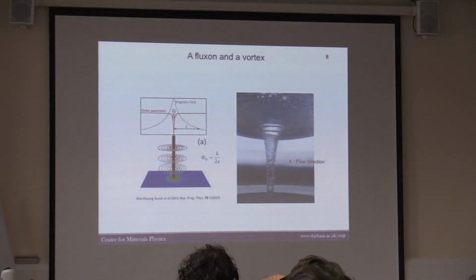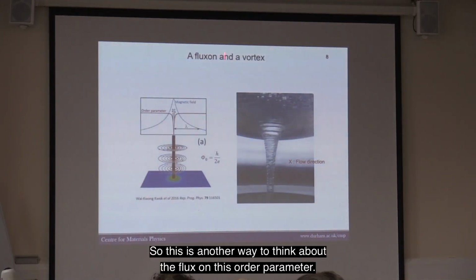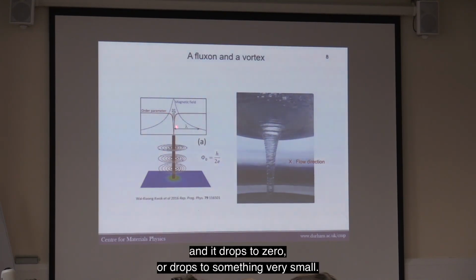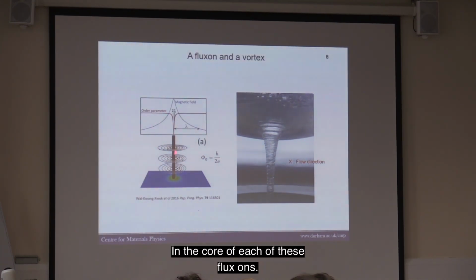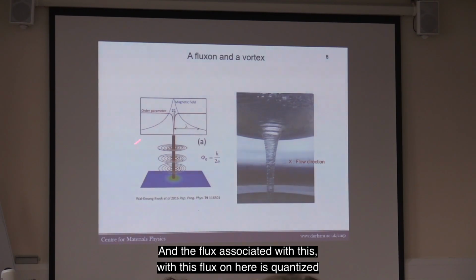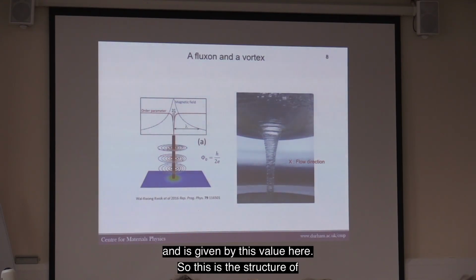So this is another way to think about the fluxon. This order parameter here is just a proxy for the density of superelectrons, and it drops to 0 or to something very small in the core of each of these fluxons. And the supercurrent flows around each of these fluxons, and the flux associated with this fluxon here is quantized, and is given by this value here.